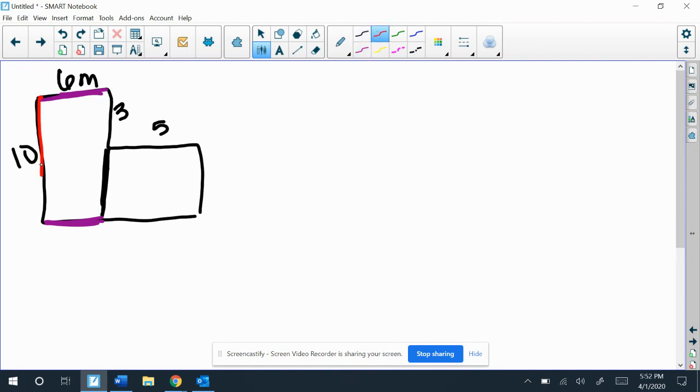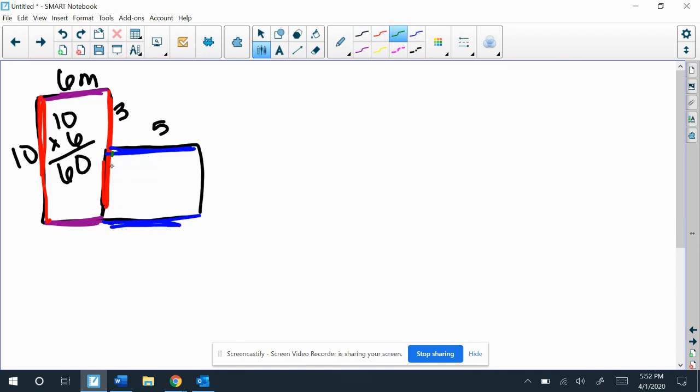I know that all of this is 10, so this is also all 10. Well, I have one rectangle right there, so let's go ahead and solve for that. 10, multiply it by 6, gives me 60. Then I have this right here, which is 5, and I know this down here is also 5.